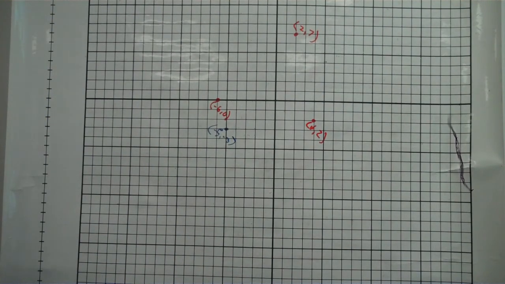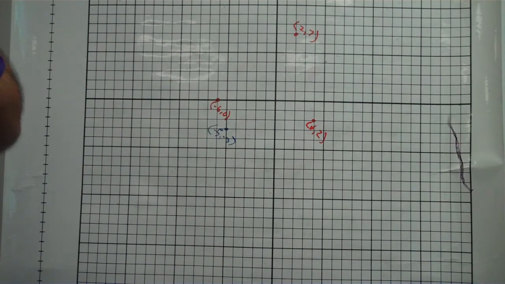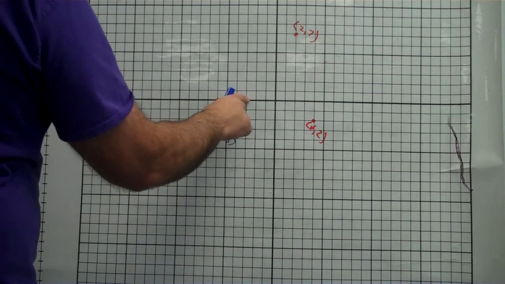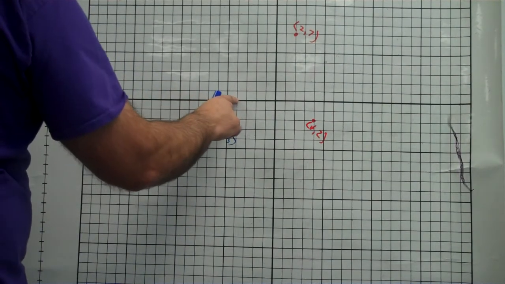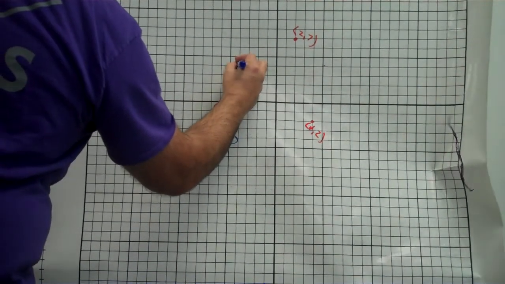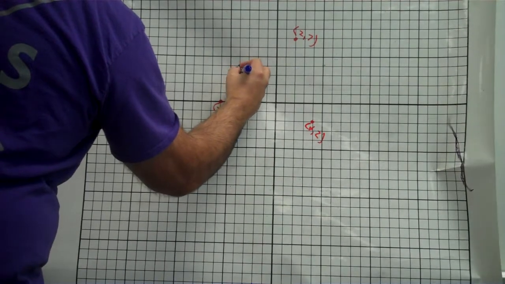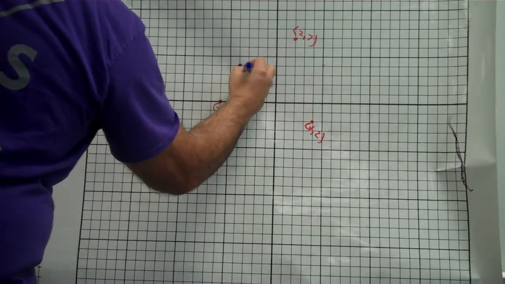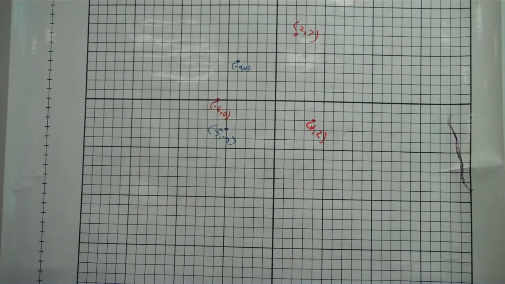My second point is negative 4, 4. So again, I'm going to go left on my x-axis, 4 spaces, 1, 2, 3, 4. And now on my y, I'm going to go positive 4, which is going to be up, 1, 2, 3, 4. And that's going to put that coordinate in quadrant 2.